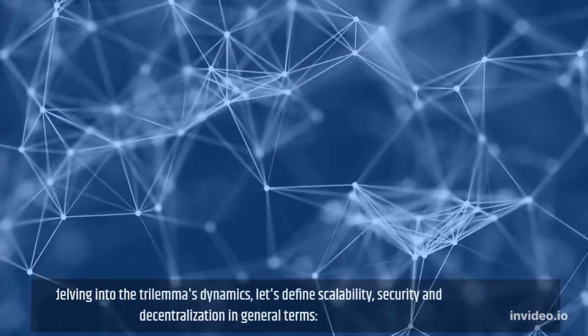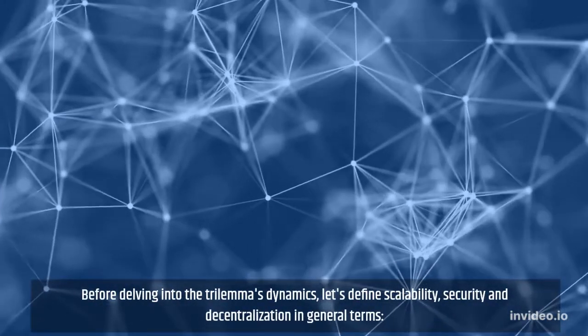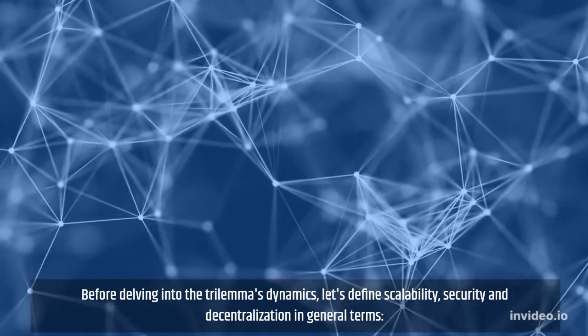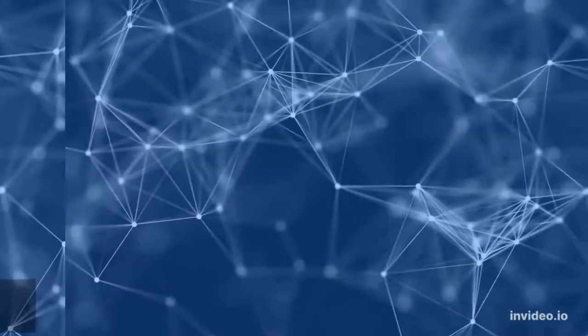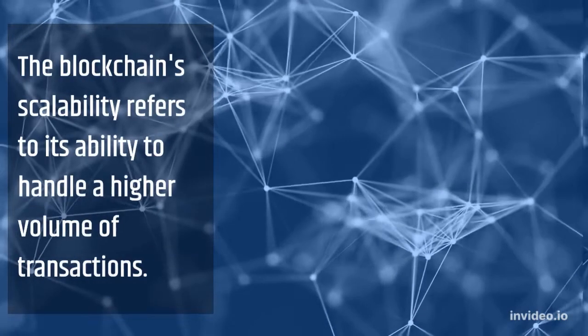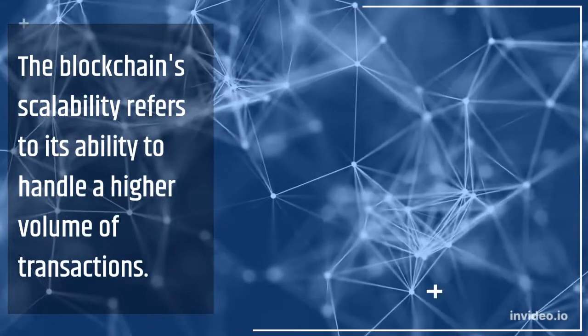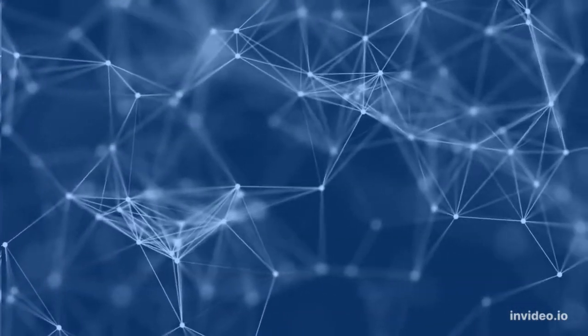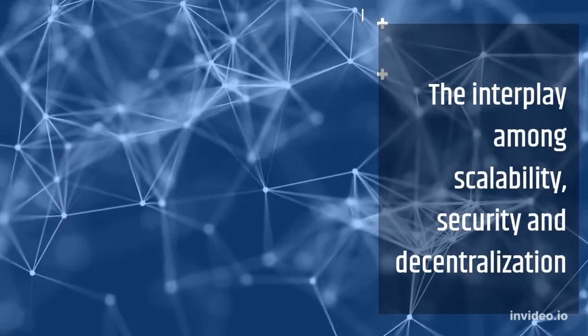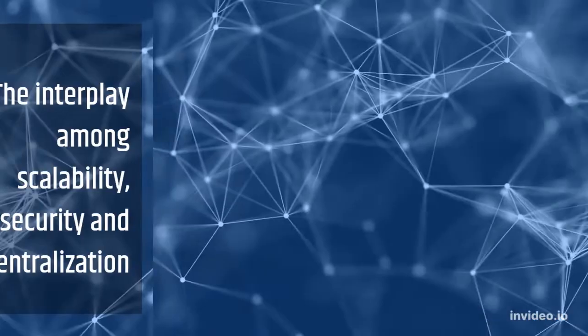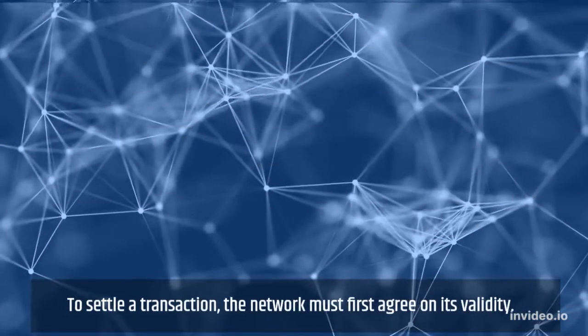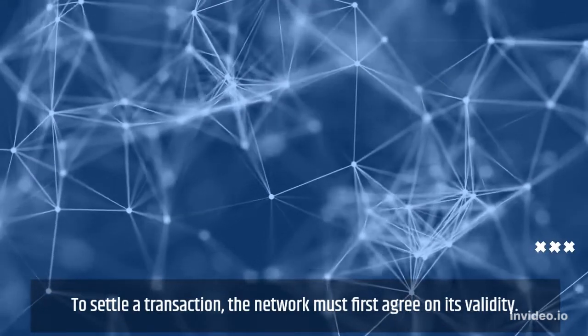Before delving into the trilemma's dynamics, let's define scalability, security and decentralization in general terms. The blockchain's scalability refers to its ability to handle a higher volume of transactions. The interplay among scalability, security and decentralization. To settle a transaction, the network must first agree on its validity.